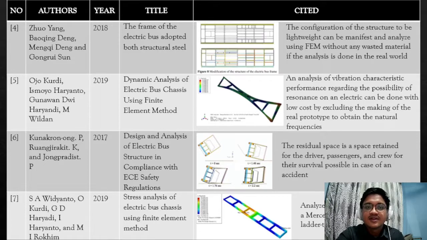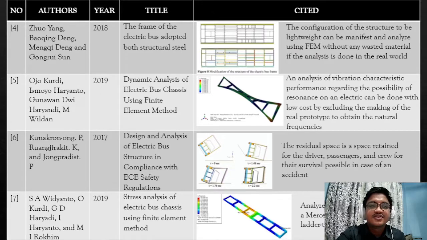The residual space is a space retained for the driver, passenger, and crew for possible survival in case of an accident. There are a few testing methods regarding the regulation: rollover tests on a complete vehicle, tests using body sections, quasi-static loading tests of body sections, quasi-static calculation based on testing of components, and computer simulation of a rollover test on a complete vehicle.